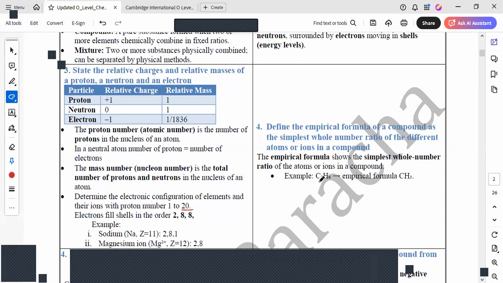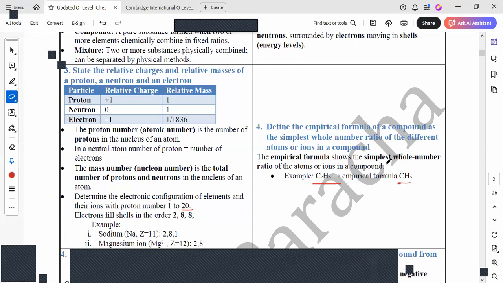An example is given over here to you guys. It is ethane, C2H6, and for that the empirical formula will be CH3. Empirical formula is not the molecular formula. It shows the ratio in which elements are combined together.